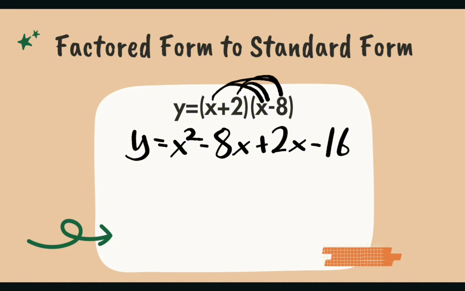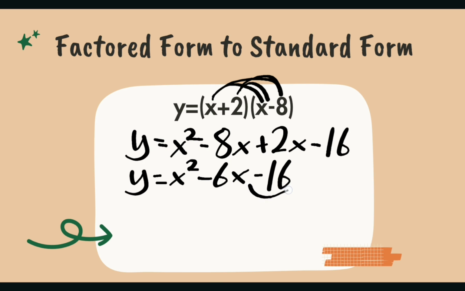Now let's simplify. y equals x squared minus 6x minus 16. It is our standard form. Let's find the y-intercept too. c was our y-intercept, so our y-intercept will be (0, minus 16).